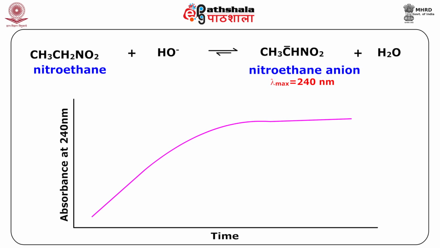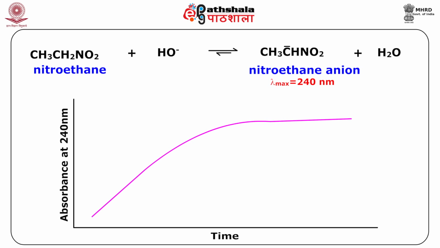Now, in order to measure the rate at which hydroxide ion removes a proton from nitroethane, or you can say the rate at which nitroethane anion is formed, they are one and the same thing.